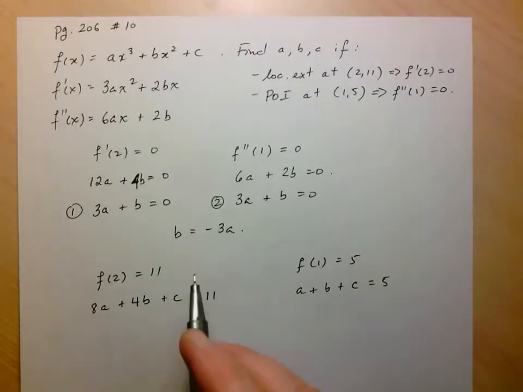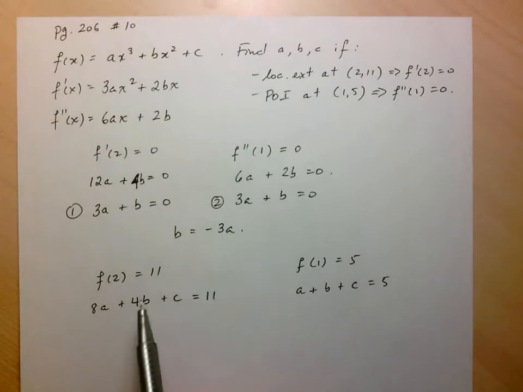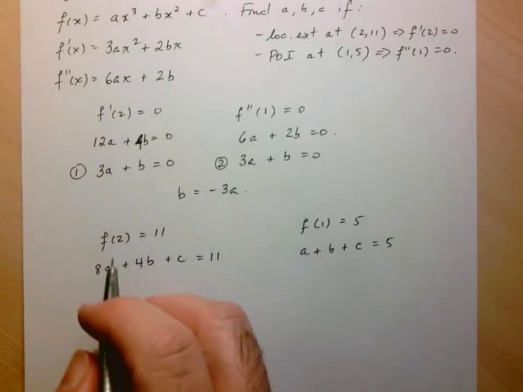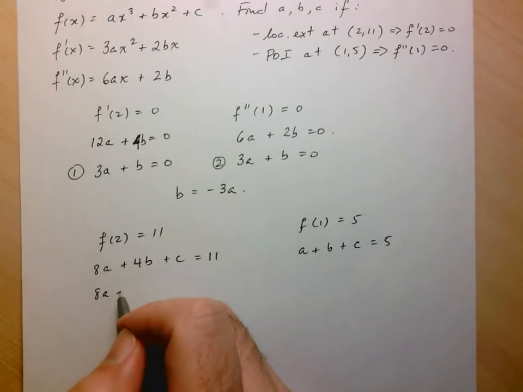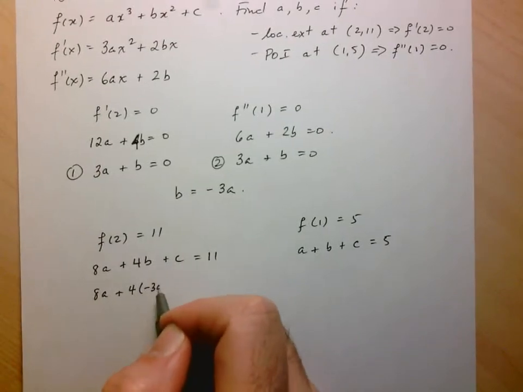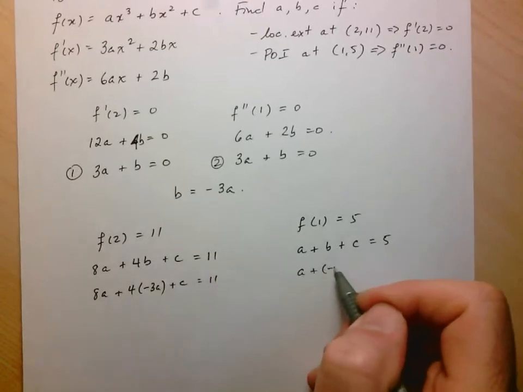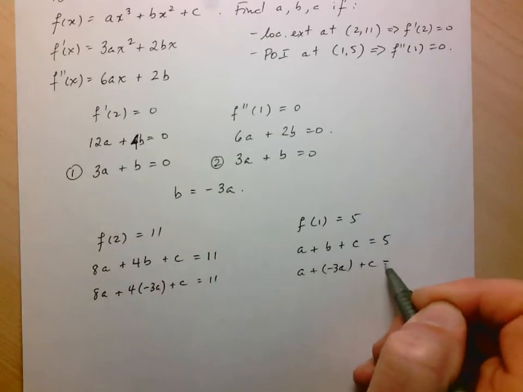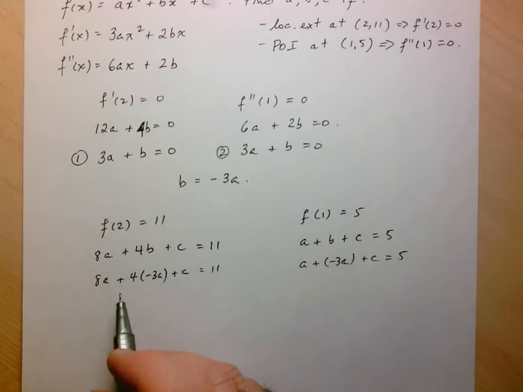But remember, we know that b is equal to negative 3a. So we can now replace, wherever we see b, replace it by negative 3a. So we have 8a plus 4 times negative 3a plus c equals 11. And here a plus negative 3a plus c is equal to 5. And now what we're going to have instead is two equations in terms of a and c.